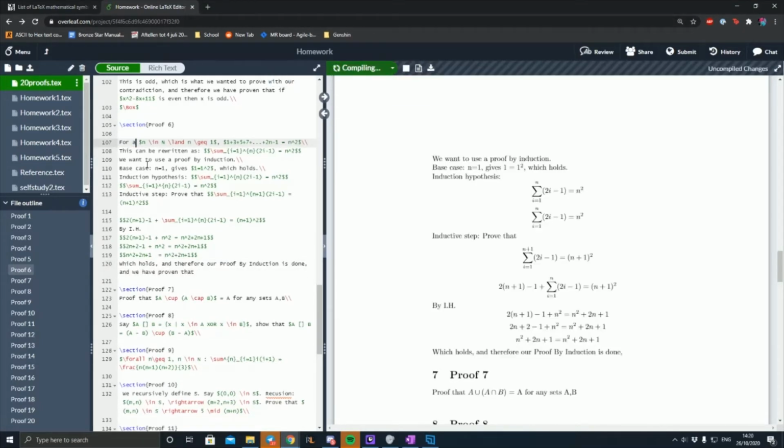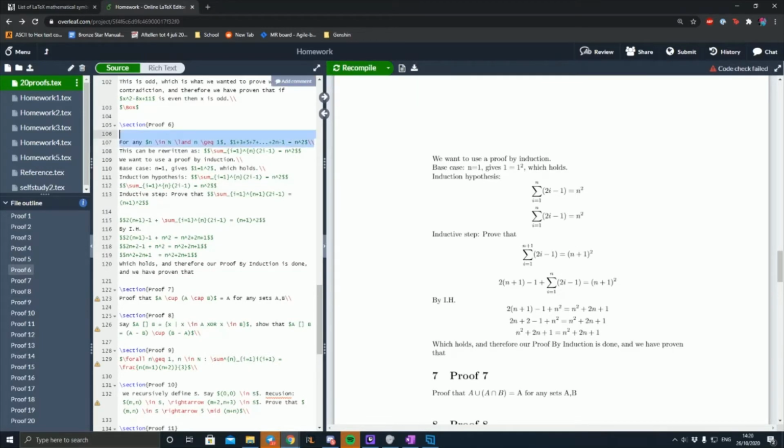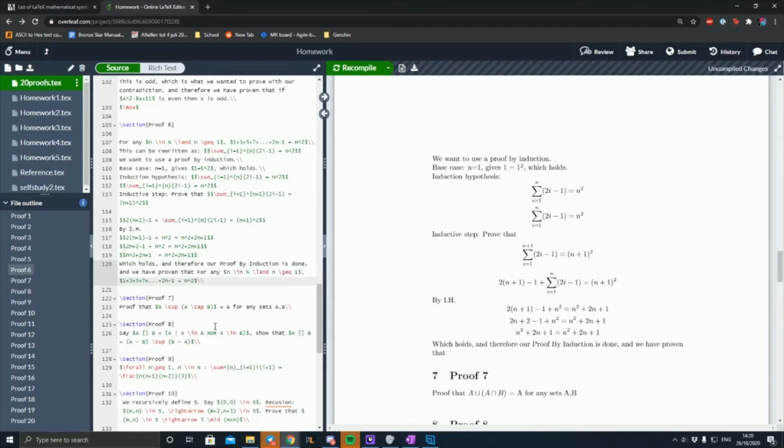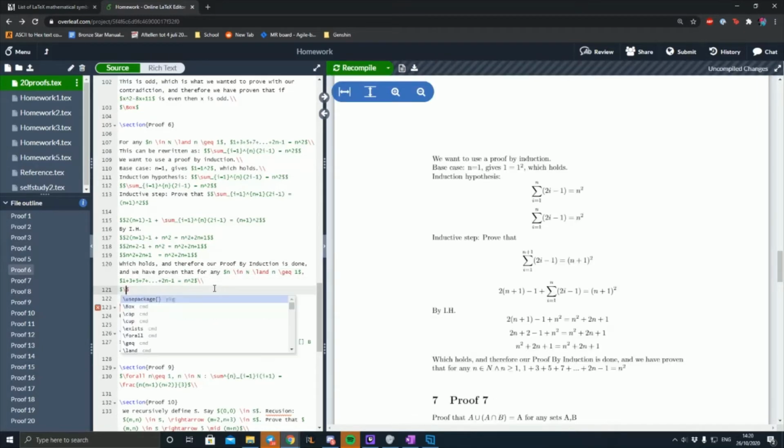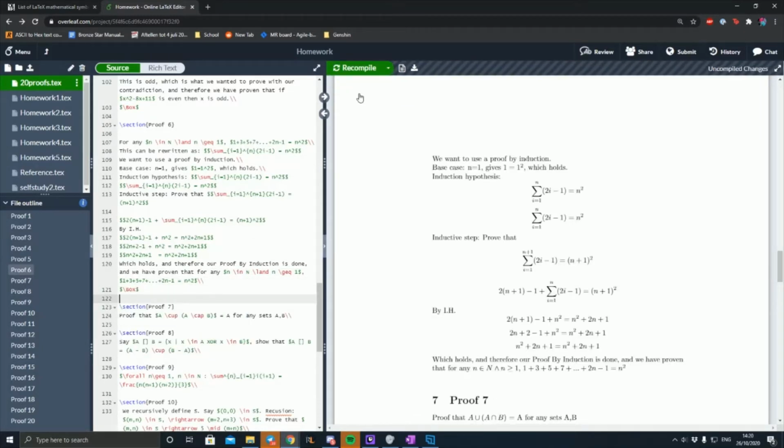Oh, this should be for any n, of course, because if we wanted it for some n, we could just say i is 1. Okay, done. For any n, and then we add a little box. This one took a lot less time than the other ones.